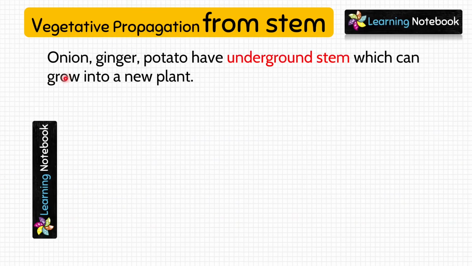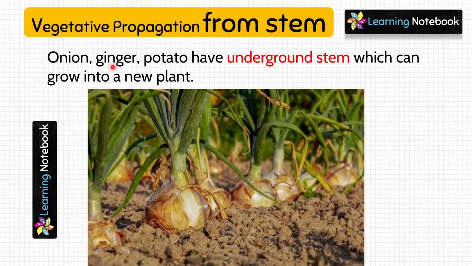Students, do you know onion, ginger, potato are stems and they are underground stems. These underground stems also grow into new plants. Like here in this picture, onion is growing into a new plant.